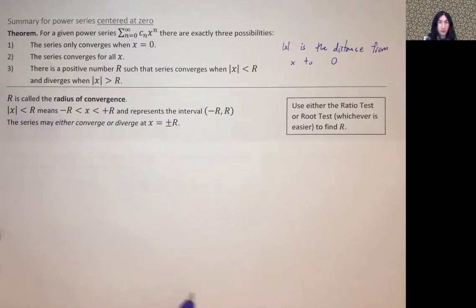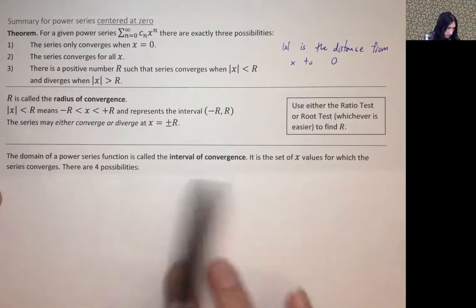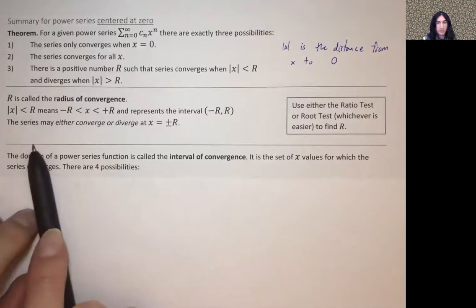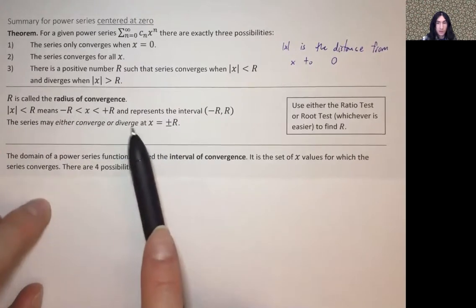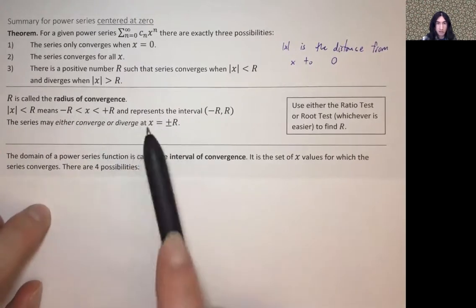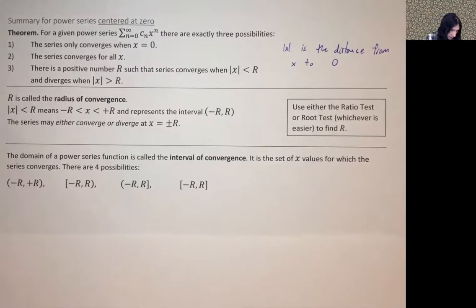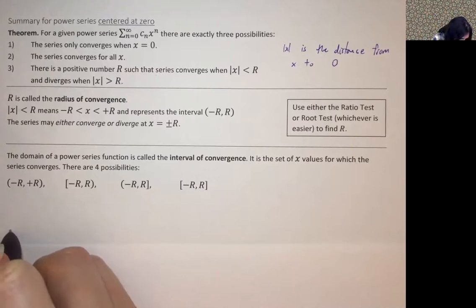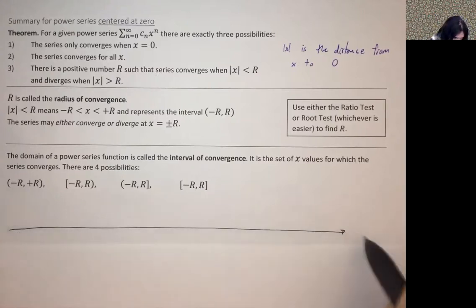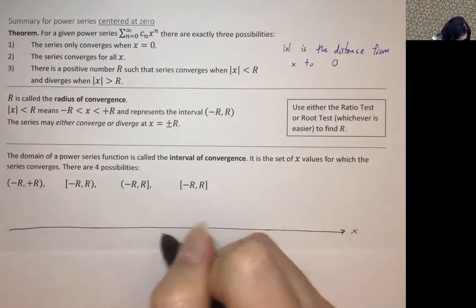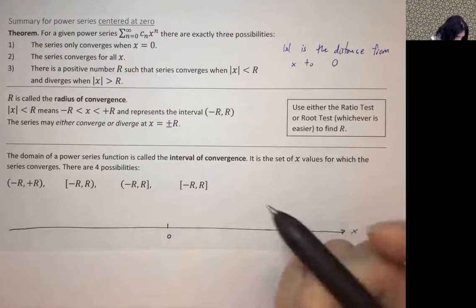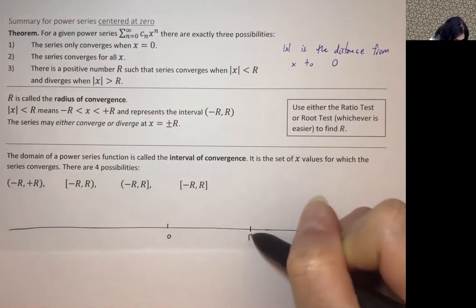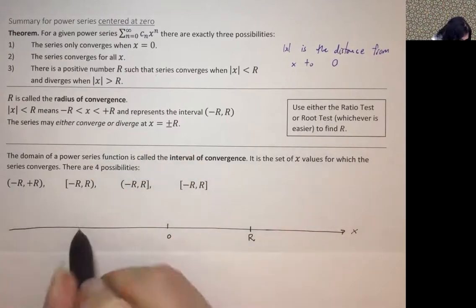So let's take a look at what that might actually look like on the number line. If we're talking about a finite radius of convergence right here, the possibilities on the number line basically look like this. Here's our number line, x values. Here would be 0 at the center, and maybe we have r over here, and then minus r over here.